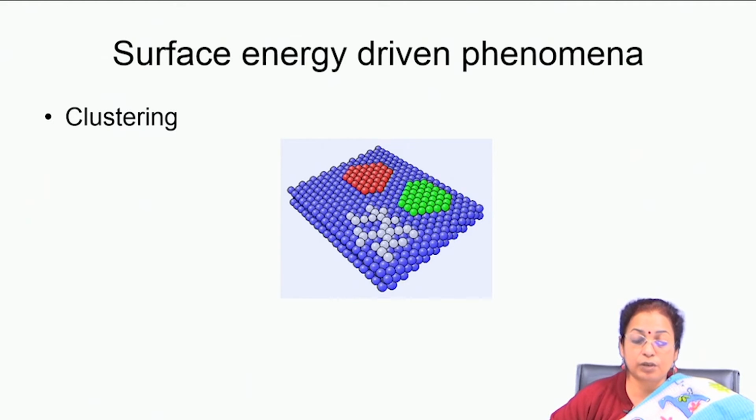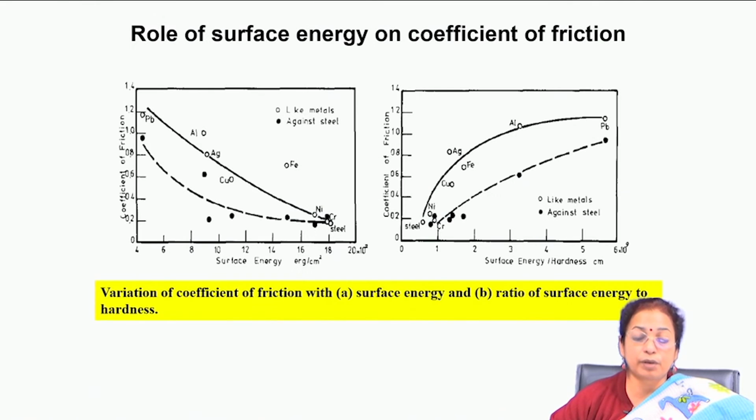If you just think of bulk metallic material applications, whatever happens on the surface might not have a significant role, but if you think of applications of smaller structures, particularly MEMS devices, you will find that this change in atomic arrangement or in composition might have a significant role on the functional properties of the material. If you talk about structural properties like coefficient of friction and corrosion resistance, these are also influenced to a large extent by surface energy.